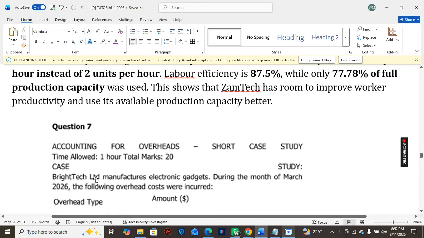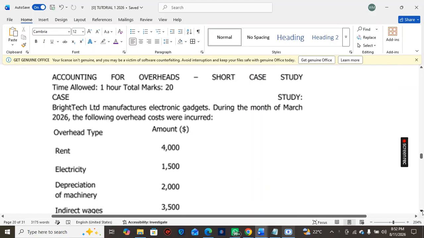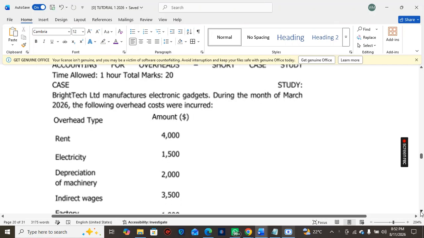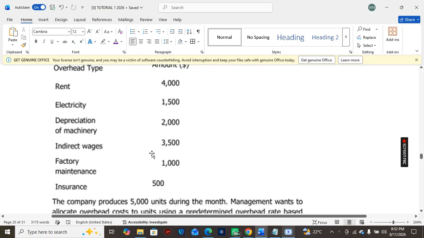Bridge Tech Limited manufactures electronic gadgets during the month of March 2026. The following overhead costs were incurred: rent, electricity, depreciation, indirect wages, factory maintenance, insurance.